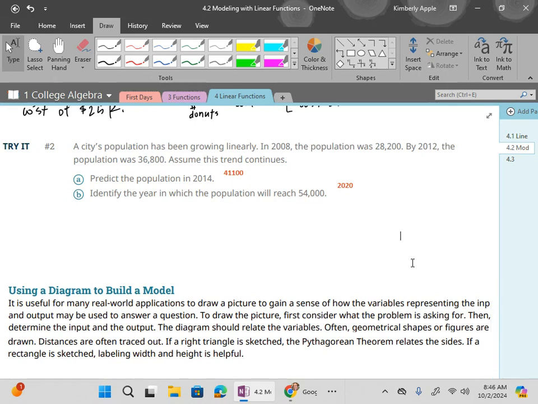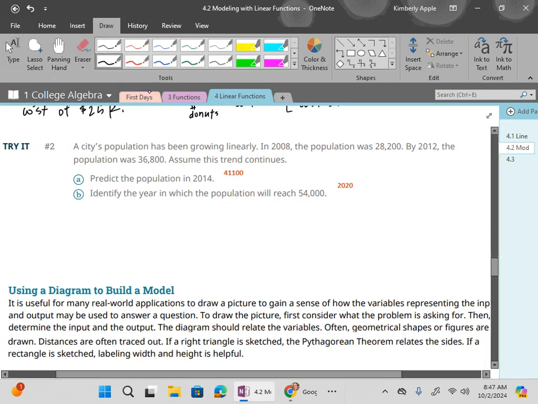All right, so for this one, it's growing linearly. I've got two input-output pairs, and I can already look at it and tell. I've got 2008 and 28,200, and I've got 2012 and 36,800. I don't want these to be 2008s.